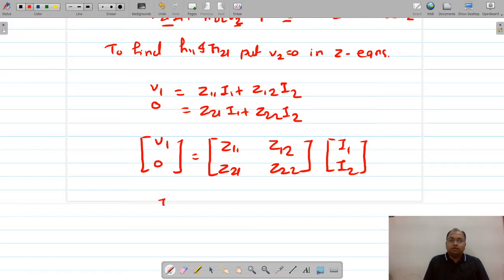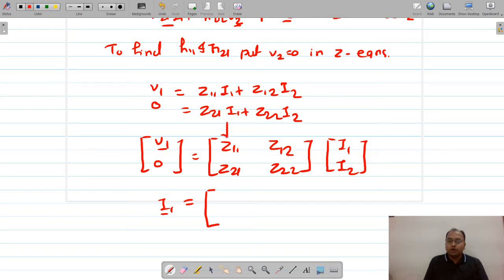Now let us find I1, because we want the ratio of V1 and I1. That's why we are going to find only I1. We are not going to find I2, because we'll see later why we are not going to find it. First let us find I1.